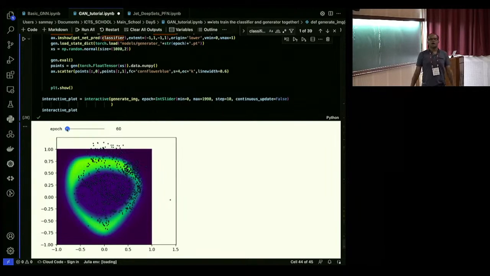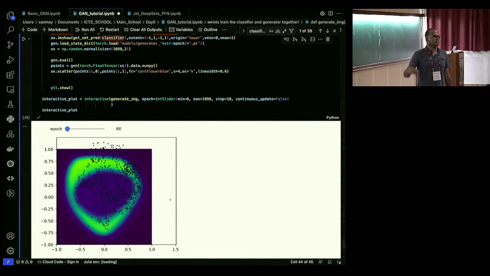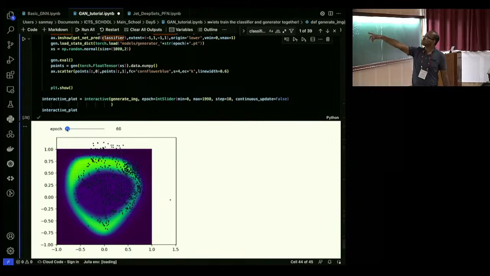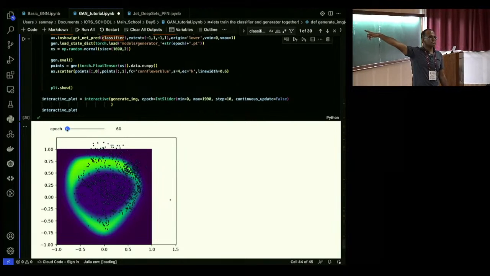Because we never constrained it to predict coordinates between 0 and 1 in this direction, and since the state of the network is still not very good, it's producing points out of the region of interest. We gave just 600, 700 points, and this is already after 60 epochs of training.